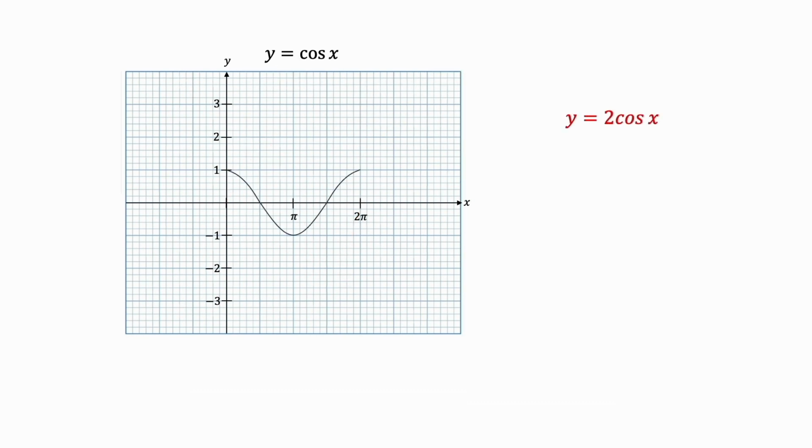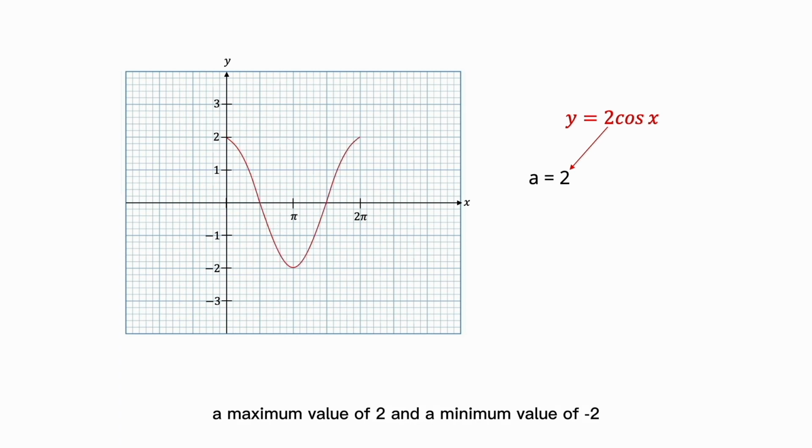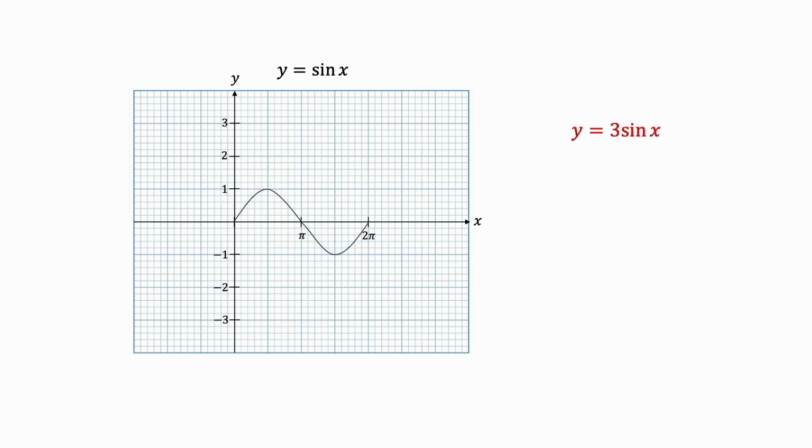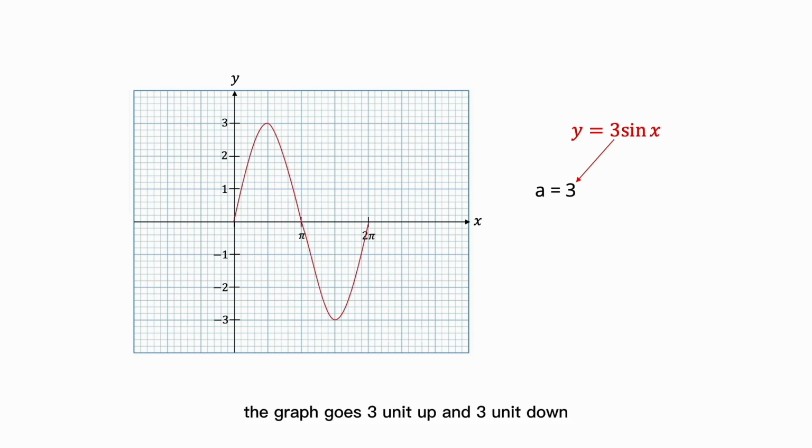For the function y equals 2 cos x, it has an amplitude of 2, a maximum value of 2 and a minimum value of minus 2 with periodicity of 360 degrees. For the function y equals 3 sine x, this function has an amplitude of 3. The graph goes 3 units up and 3 units down from the midline of the graph with periodicity of 360 degrees.